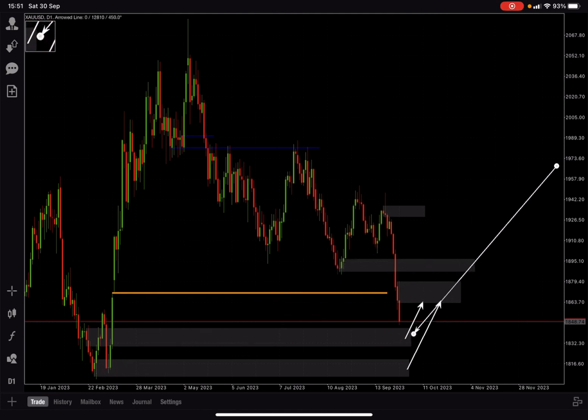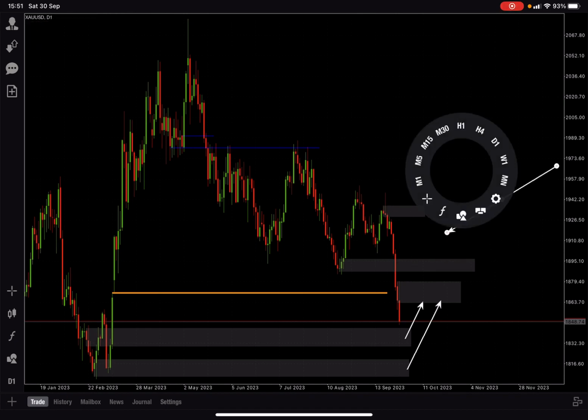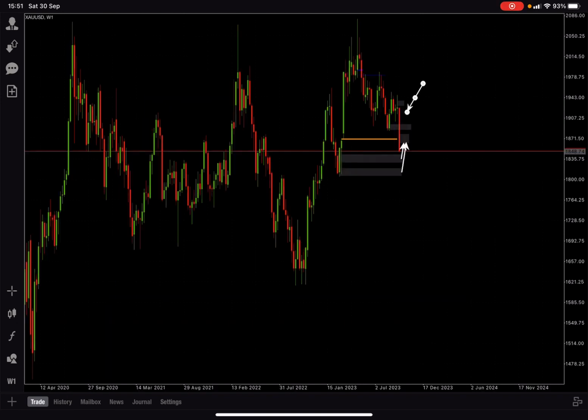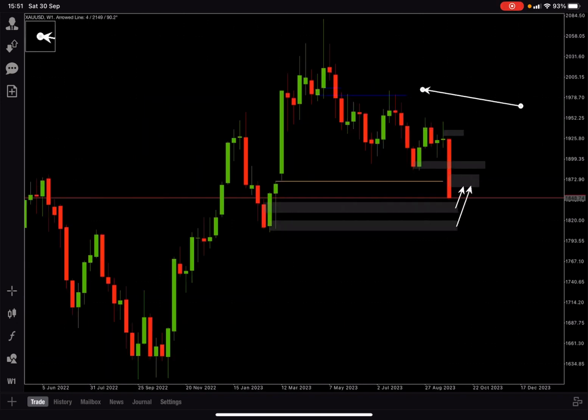So we're looking for a retracement up this week. Then going into the next week and the week after, you should expect a continuation down to follow this big bearish move.